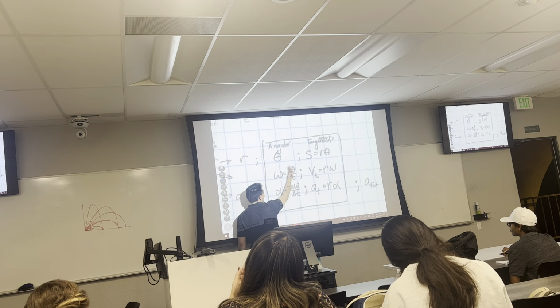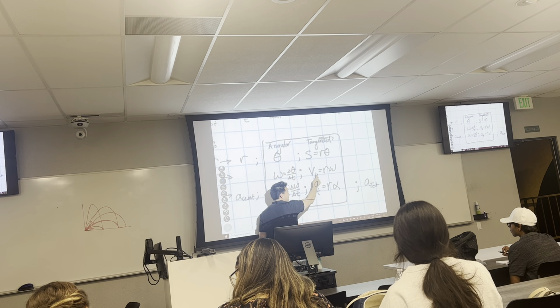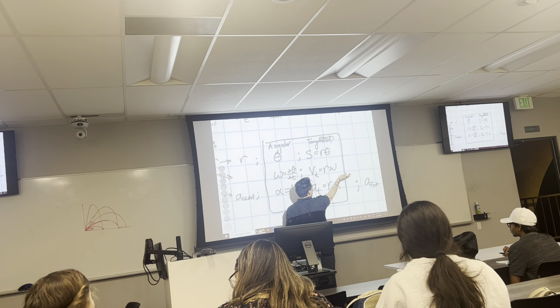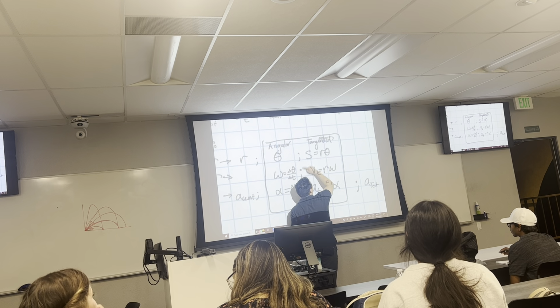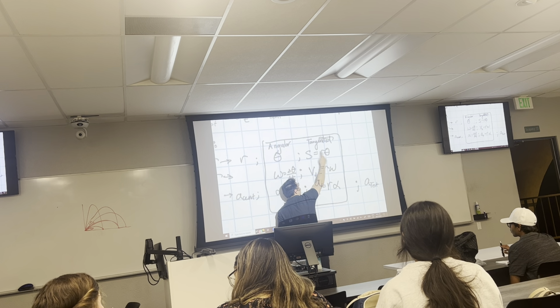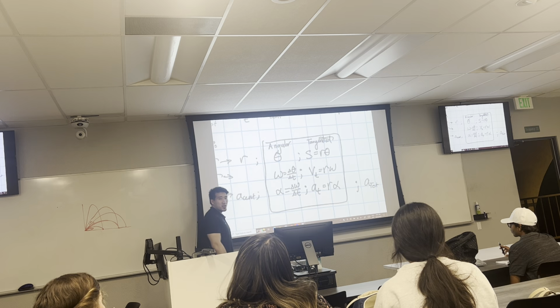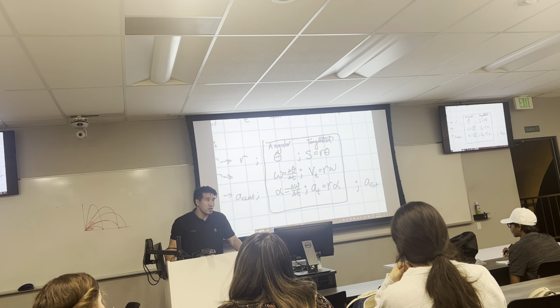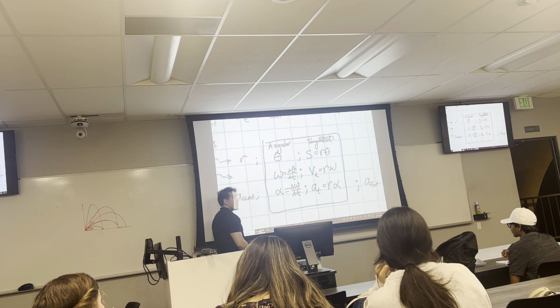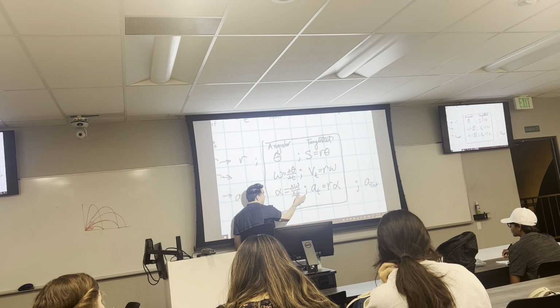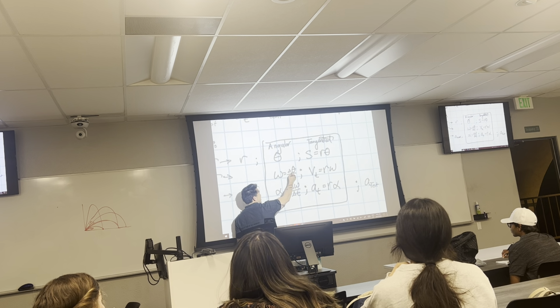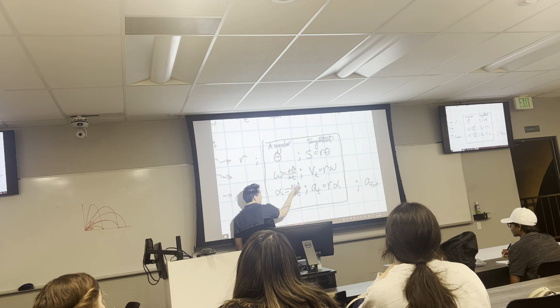How fast is the angle actually changing? Whereas the speed is, okay, I don't care about the angle, I actually care about how large is that circle, how large of a distance was actually being traveled in the unit of meters. Alpha is referring to how fast the omega is changing.